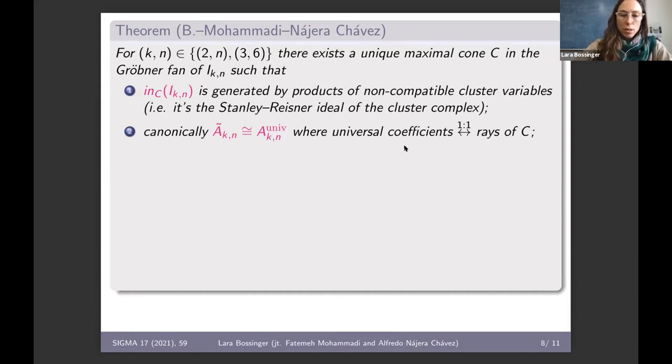And this is Nathan's work that explained to us how to construct it, at least in finite type, in a very precise way.